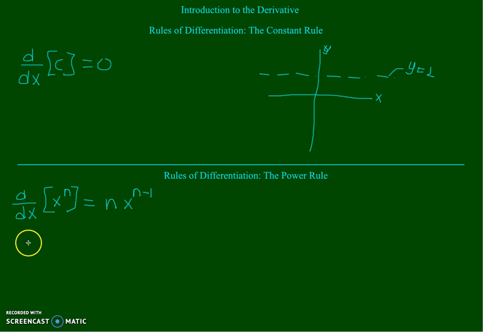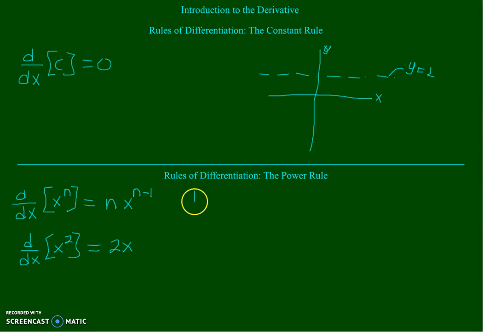So as an example, let's take a very simple function. The derivative with respect to x of x squared. So what we do is we take the degree, pull it down in front, and we subtract 1 from the degree. So it's x to the 1. We don't write the x to the 1. So the derivative of x squared is 2x.